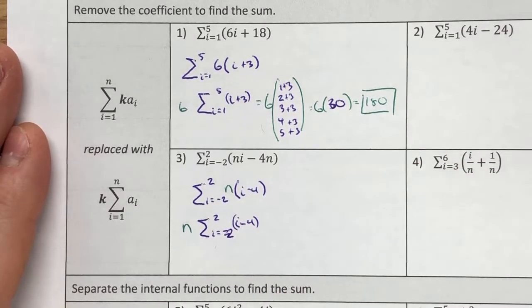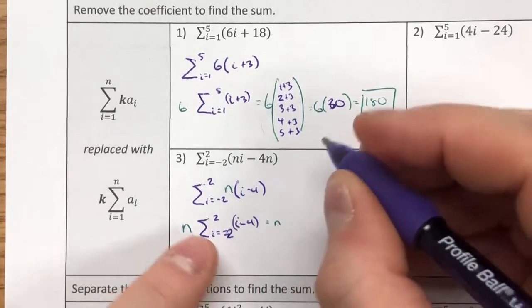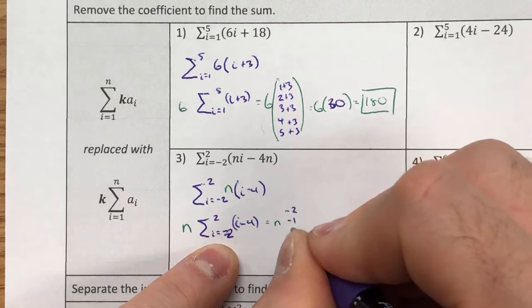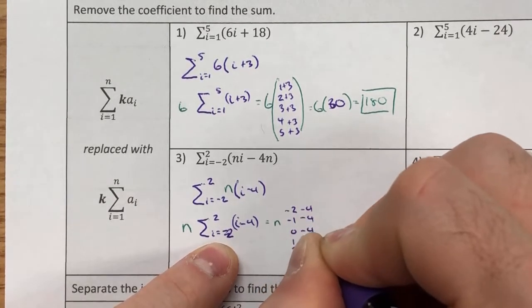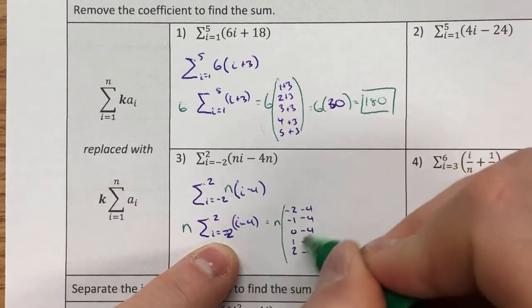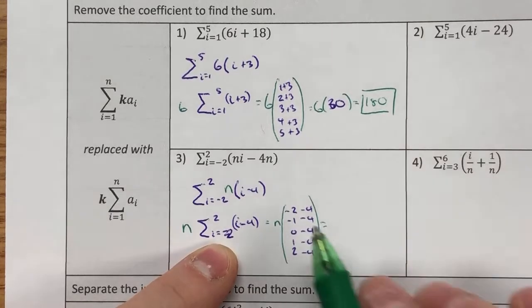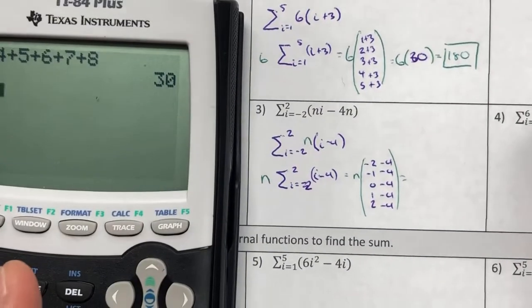So now when I rewrite this, I'll have n times, starting with negative 2, negative 1, 0, 1, 2, all minus 4. And so that'll be negative 6. Let's break this out again.